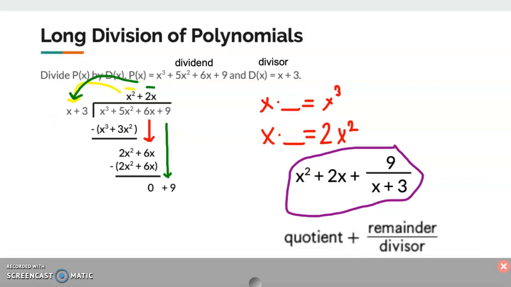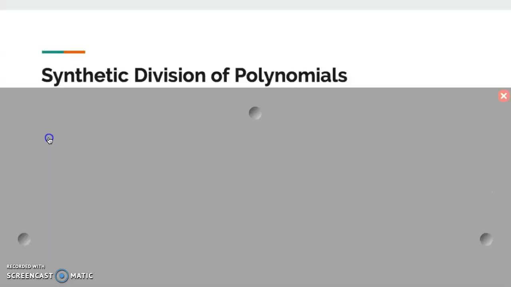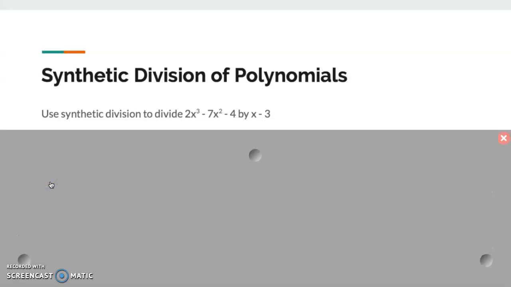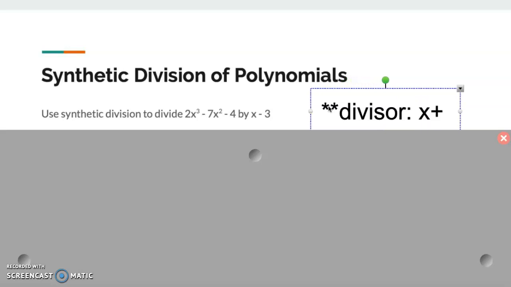Okay, this is the same process that we're going to use the whole time to divide polynomials using long division. The second method is a little bit shorter, way shorter actually, and it's called synthetic division. Synthetic division only works if your divisor is in the form x plus or minus a, and your a term is that number after the x.